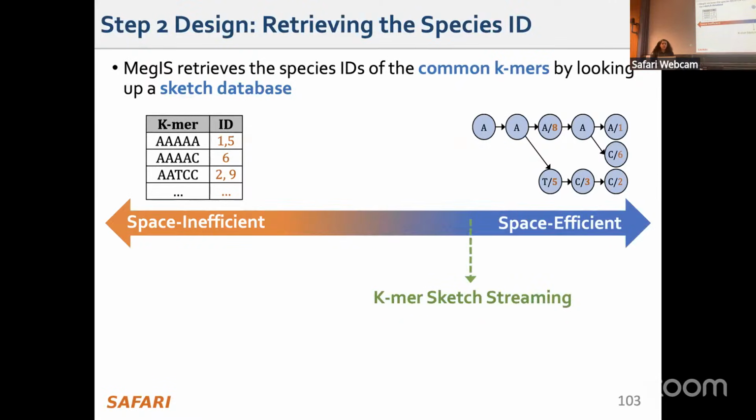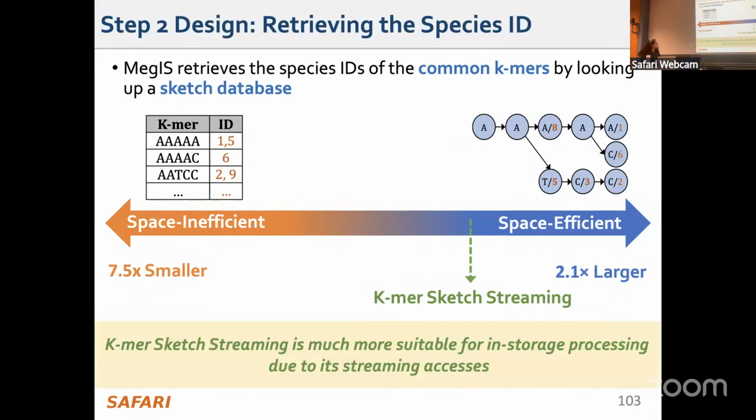We call our solution k-mer sketch streaming. I'm not going to go over the solution because it takes a little bit of time and detail to go through exactly how it works. But if you're interested, I really invite you to check our paper. What happens is that it's quite a lot smaller than space-inefficient or naive ways of storing the k-mers, while it's still larger than these state-of-the-art space-efficient solutions.